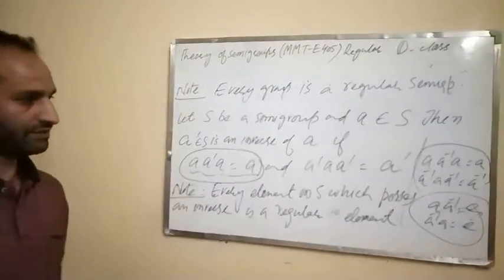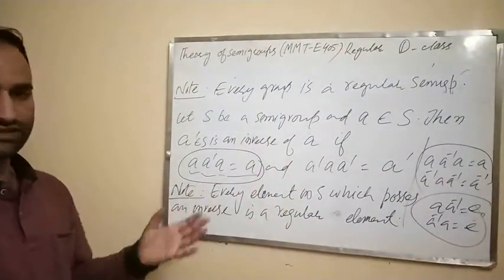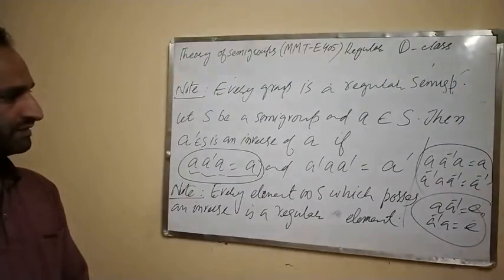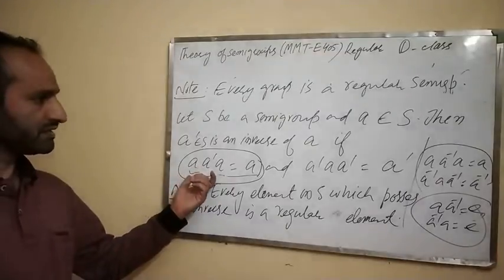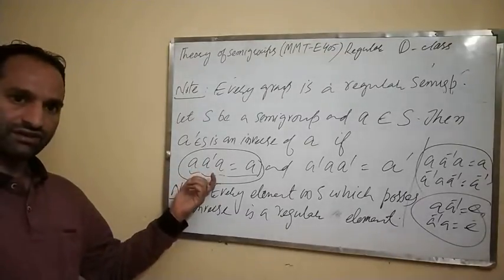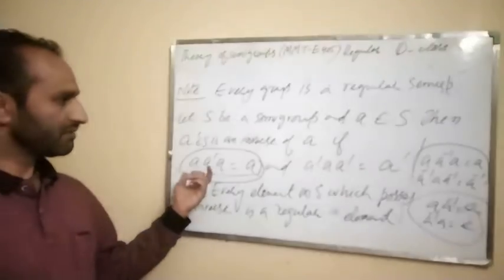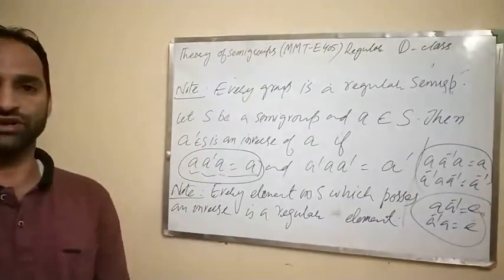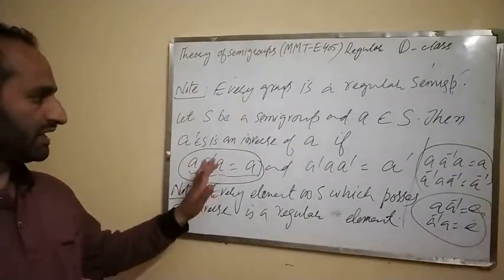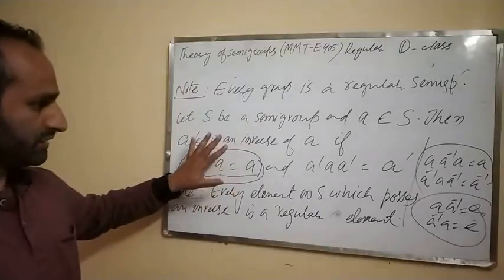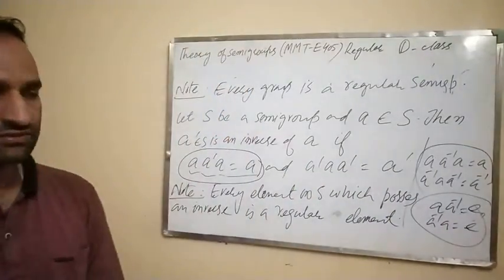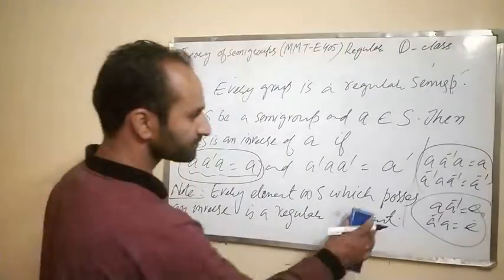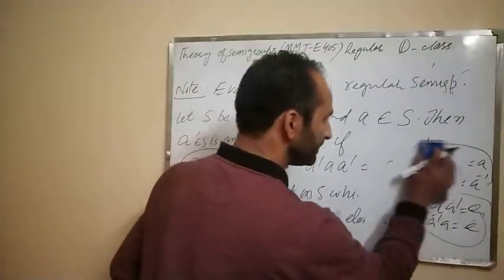We have a number of examples where the semigroup possesses inverses, and it also has an identity, every element has an inverse, but still that semigroup is not a group, because that inverse is according to the semigroup theoretic definition. And that we'll see later on.